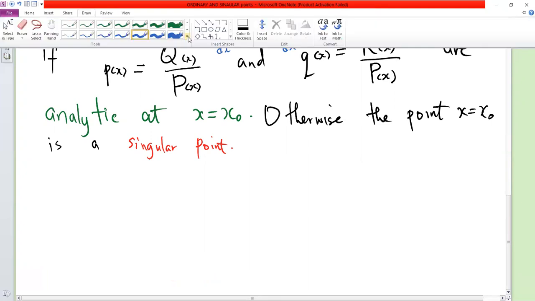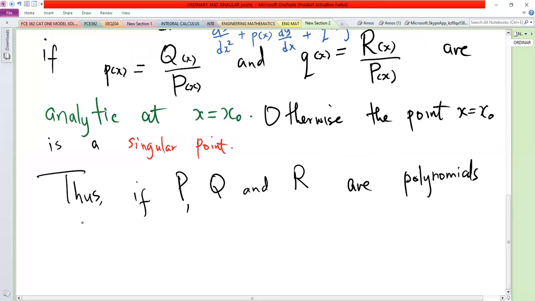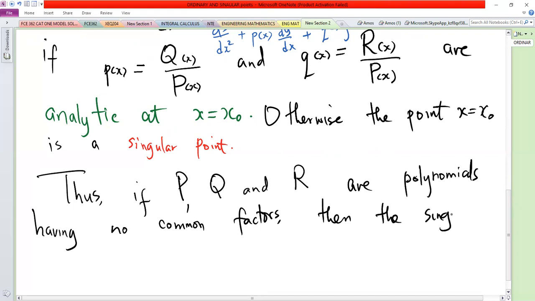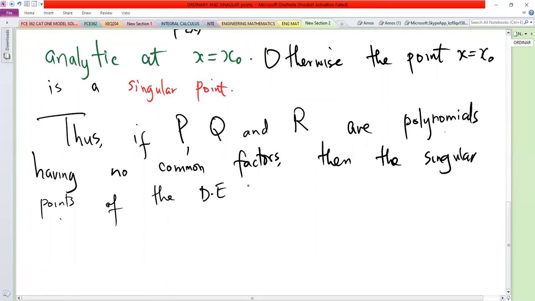So we can say from this definition that if capital P, capital Q and capital R are polynomials, a special case of functions having no common factors, then the singular points of the differential equation, let's call this differential equation 1, are the points for which capital P of x equals 0.